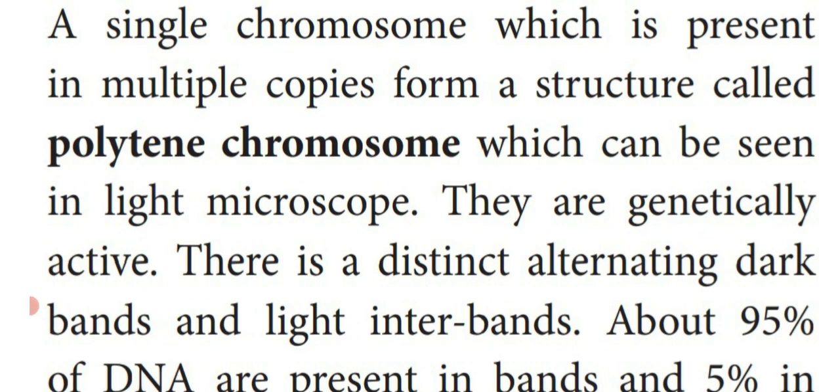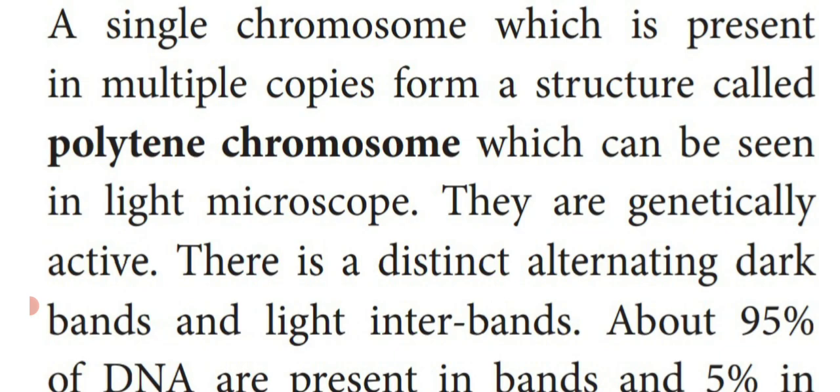A single chromosome present in the organism produces multiple copies and forms a large, giant structure called a polytene chromosome. This polytene chromosome we can see under the light microscope.